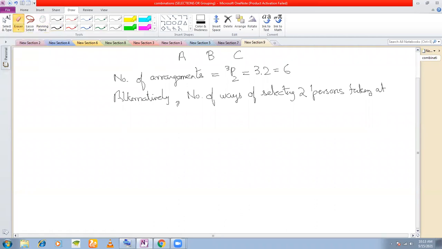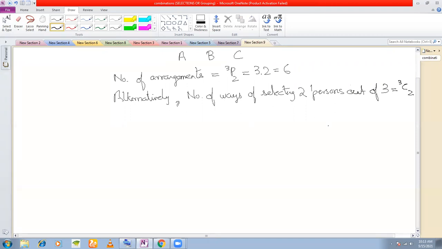Number of ways of selecting 2 persons out of this is what we call combinations. Just like permutations, we say 3C2, number of ways of selecting 2 persons out of 3.